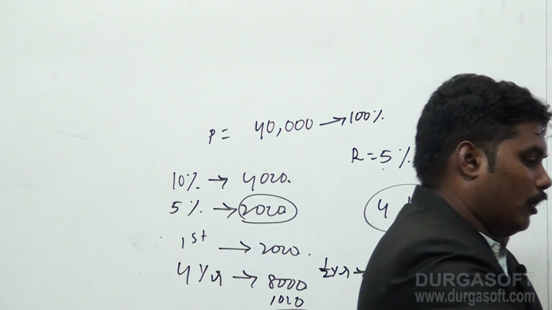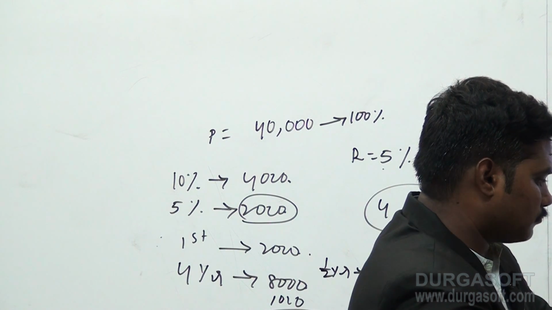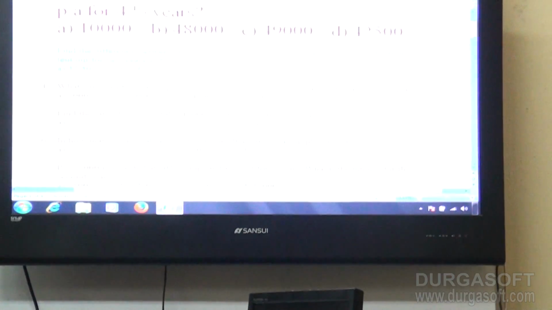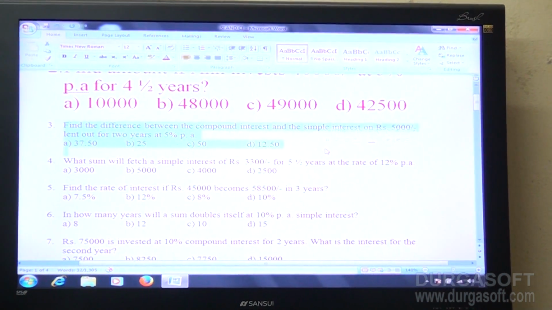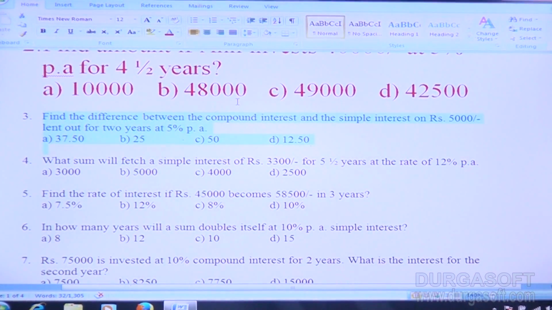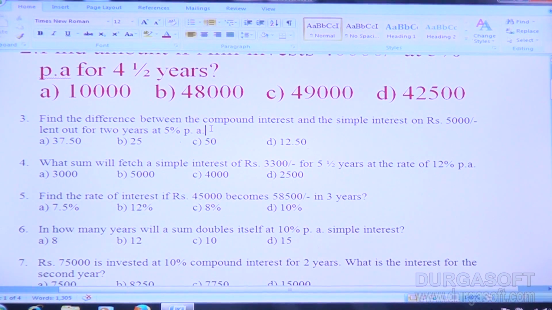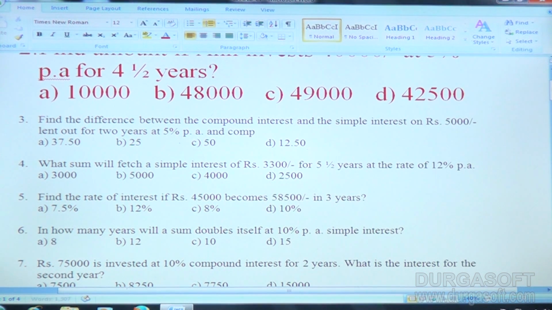Now let's come to the next one. Find the difference between the compound interest and the simple interest on 5,000 rupees lent out for 2 years at 5% per annum and compounded annually. In the absence of that information, you would have to finalize that it is compounded annually.